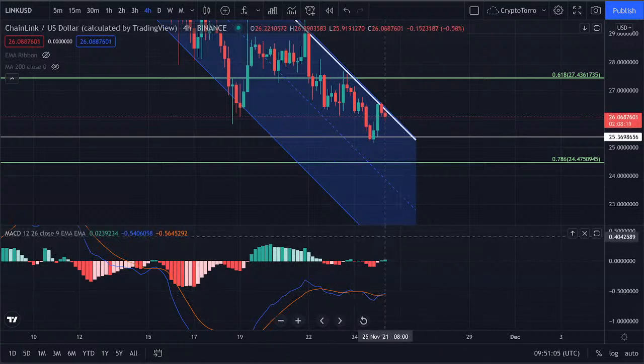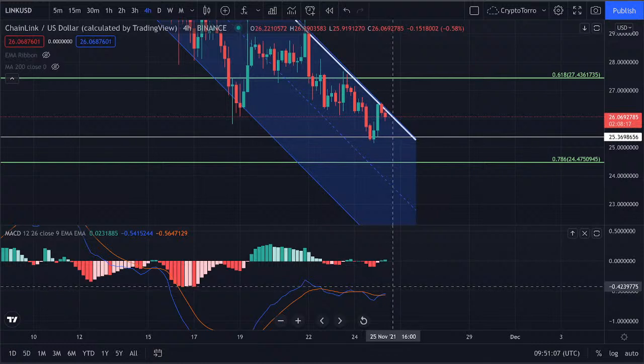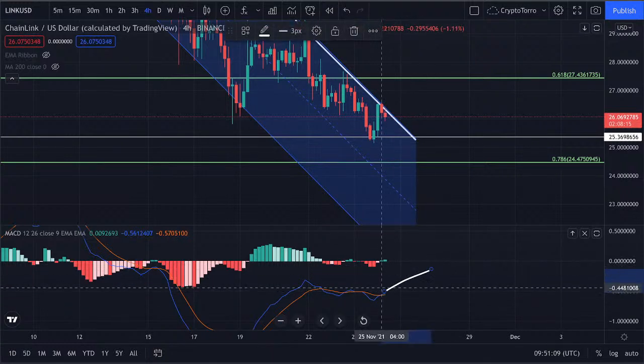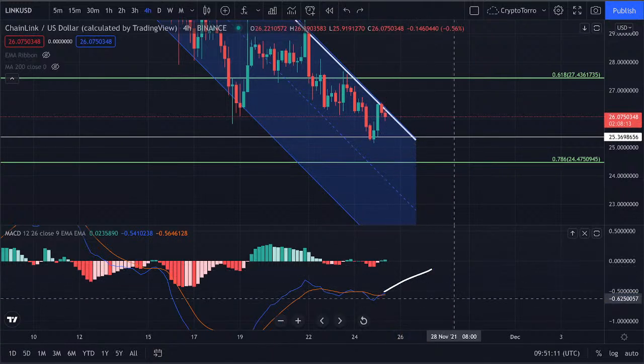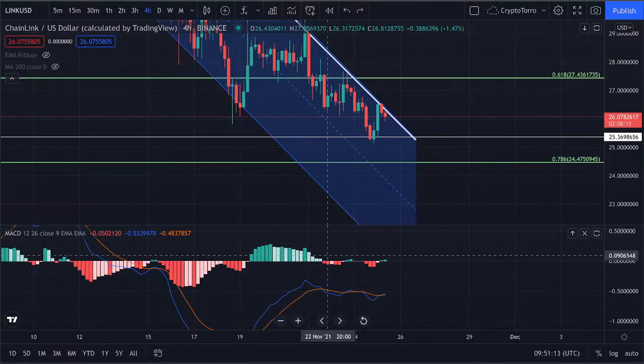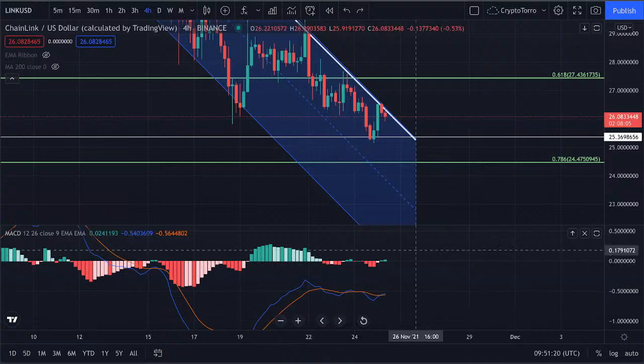So therefore, I'm not sure if we are actually going to hold strong, especially because, as you could see on Ethereum and Bitcoin, we are actually seeing a little bit of a downward momentum incoming for the upcoming hours, and that is actually quite likely to occur.